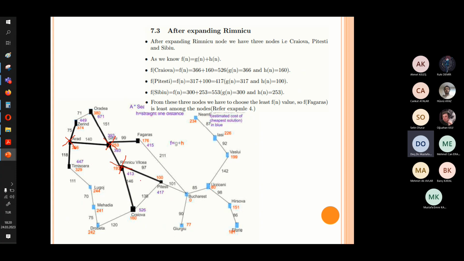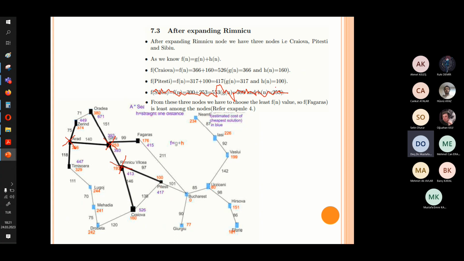Therefore, now we are expanding Rimnicu Vilcea. We should be checking Craiova and Pitesti, but not Sibiu, because Sibiu has already been visited. So in that slide, that doesn't need to be calculated, okay?